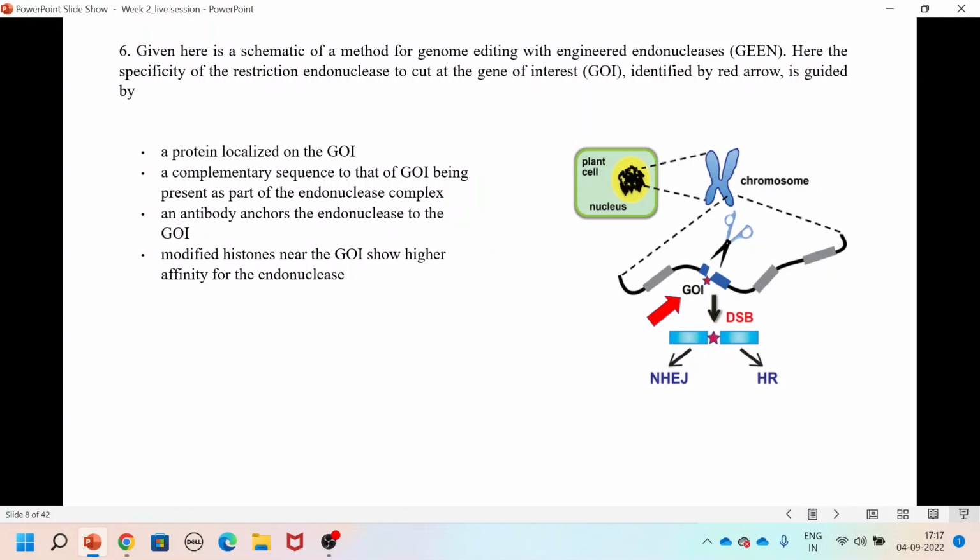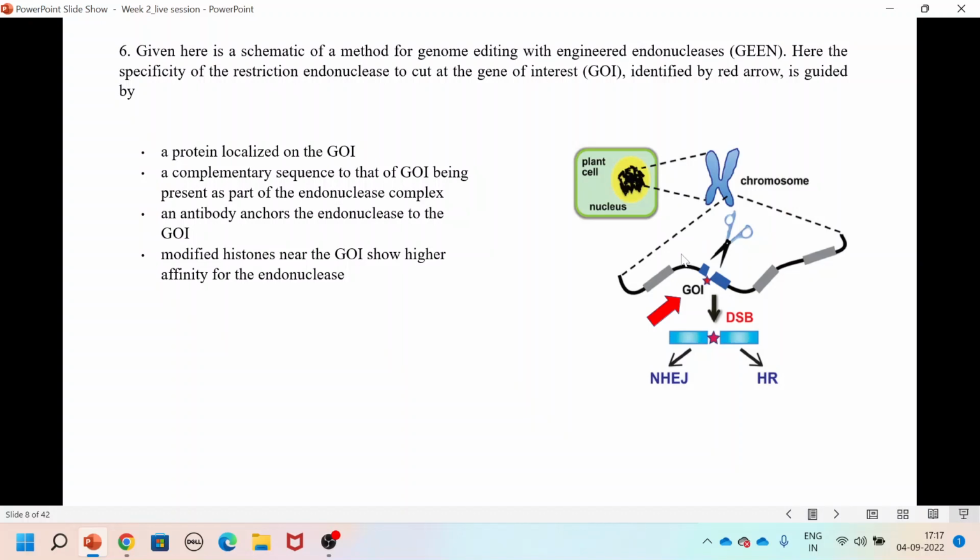So the question is clear to all? No, ma'am. Okay. So here in this diagram, what I am depicting is the schematic of a method for genome editing approach using the engineered endonucleases. So endonuclease, as we all know, will cut in the DNA.